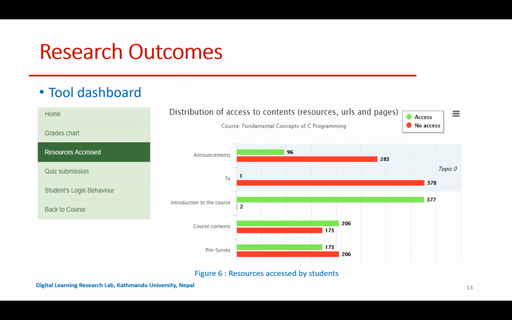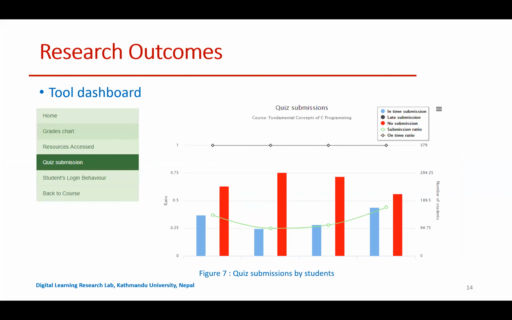So teachers can actually see which part of the course students are actually accessing. Also, they can see if the quizzes are being attempted by all the students or not.